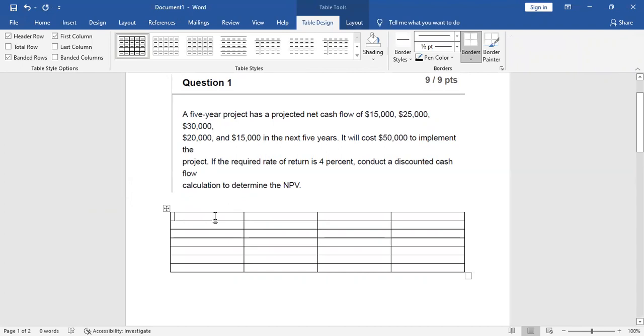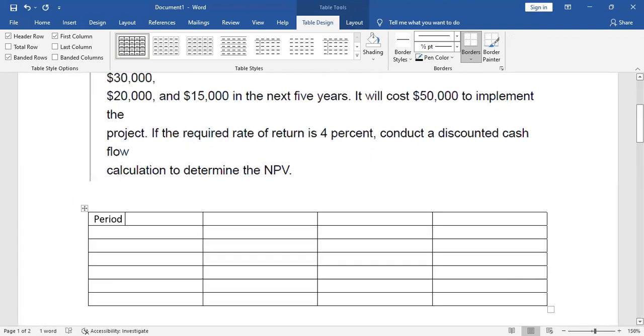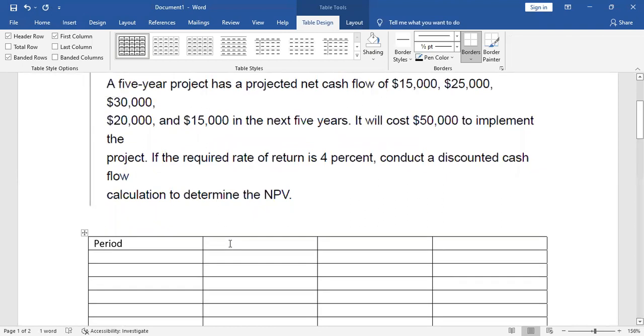Here I will indicate period. Let me just zoom it up. And then here I'll say net cash flows, and here I'll say discount factor, DF. I've been given 4% as the required rate of return, so discount factor at 4%.